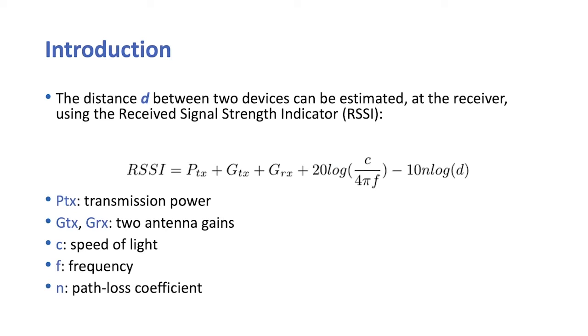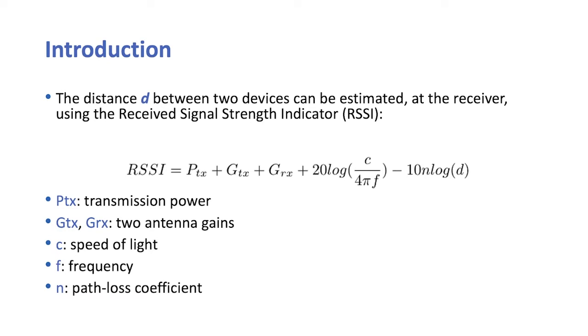Now, the distance d between a couple of smartphones can be estimated by using the received signal strength indicator. In the slide, we can see the relationship between the received signal strength indicator and the distance between the devices.